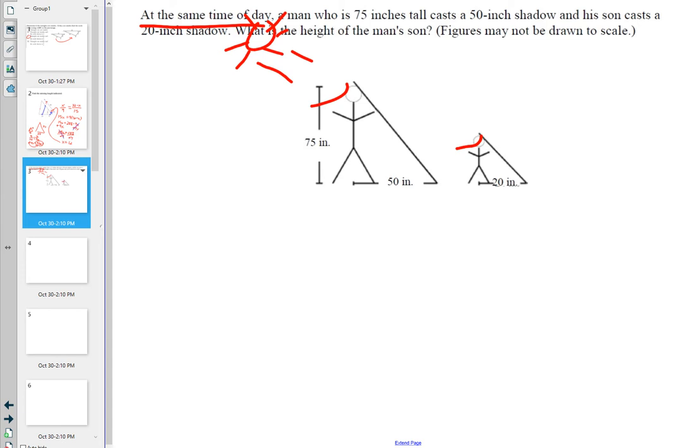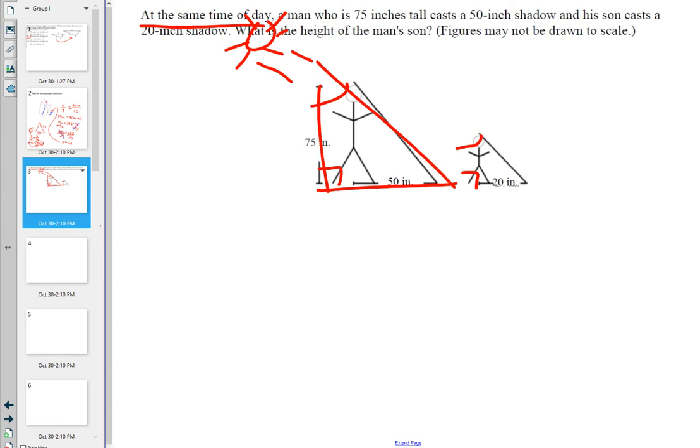And as long as you're standing straight up, you would assume this is 90 degrees. So with the object, the shadow, and the light rays, those make a triangle. Why would those triangles be similar? By angle similarity. The angles being the fact that you're standing up straight, and that at the same time of the day, the light is hitting both objects at the same angle.